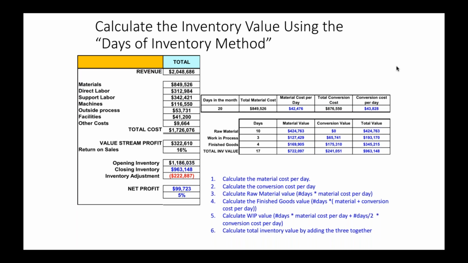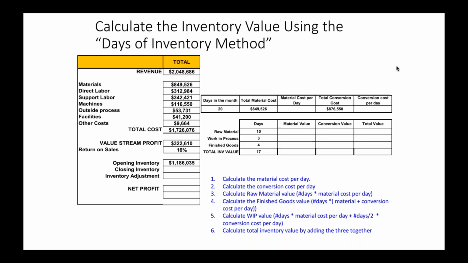So if you look at number 5 below, where it says calculate work in process days, you take the number of days multiplied by the material cost per day, and then you take your conversion cost per day, and the number of days are divided by 2, meaning on average your work in process is 50% complete.